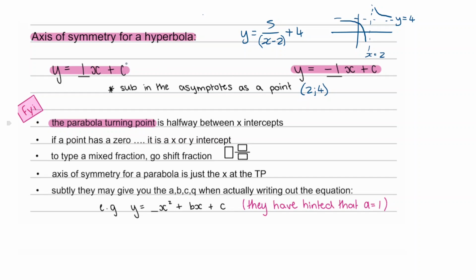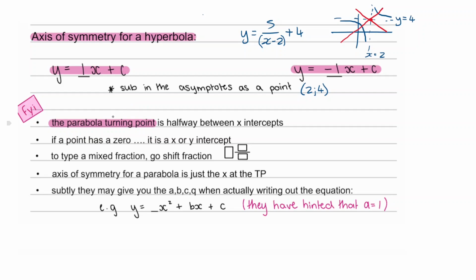I'm missing a letter, I just sub in a point, and that will give me the one axis that's going negative. It would be going there, and the other would be going there, but you can see that it will always go through the two asymptotes. So that's how you get the axis of symmetry.